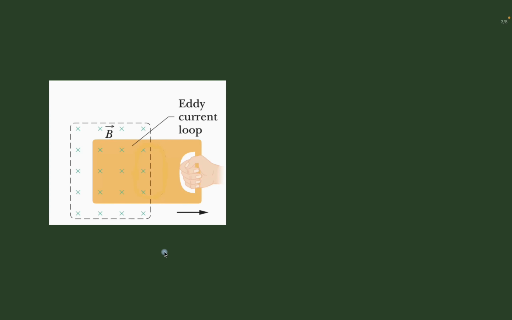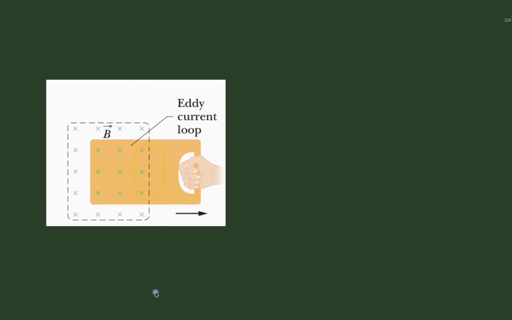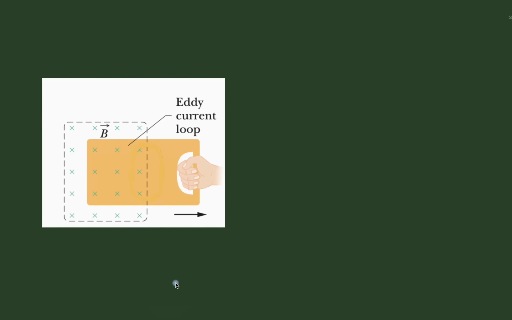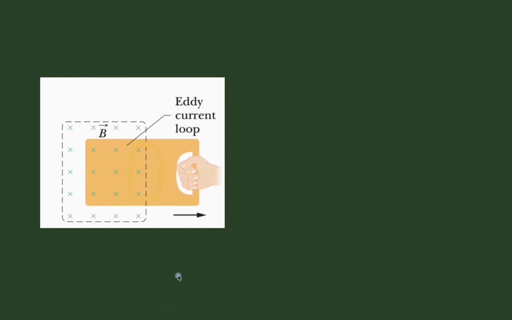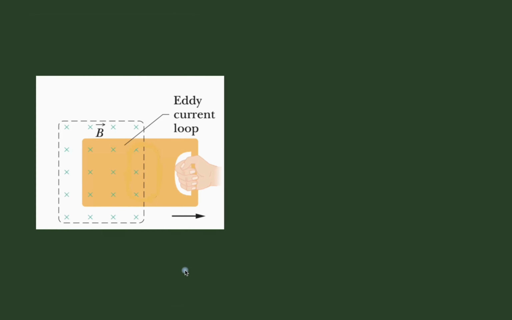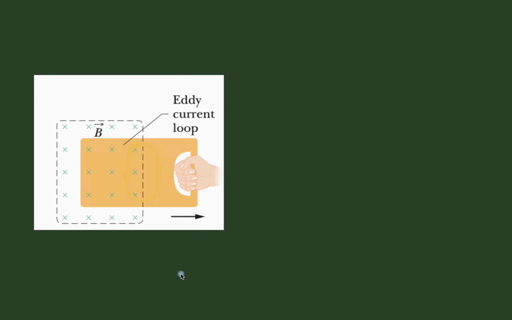But the eddy currents are produced in the plane sheets which are moving in the magnetic field. So where there is a relative motion between the magnetic field and the conducting sheets, there will be some eddy current that is developed in the conducting sheet.